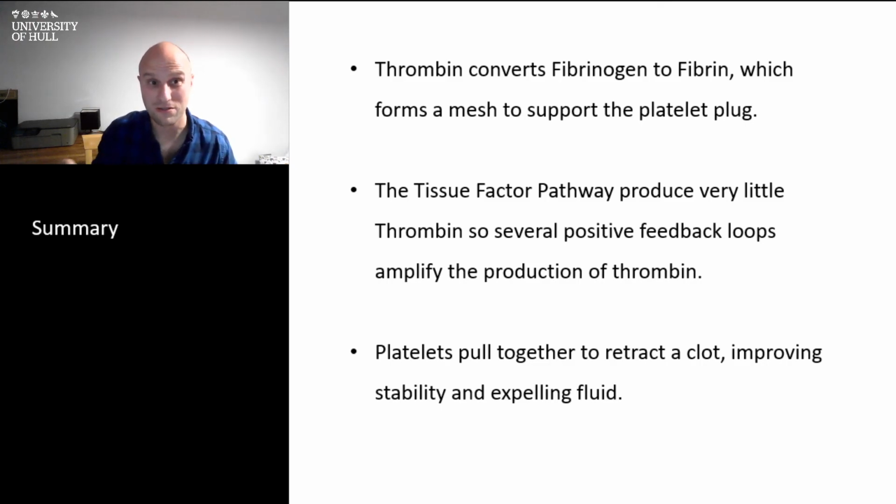But like I say, it only produces a very small amount of thrombin. So thrombin is able to activate a series of different processes that all occur around the same time, whereby you have a bit of thrombin, and through those processes you end up with more thrombin, and that triggers more processes, we end up with more thrombin, and so you've got this positive feedback occurring.